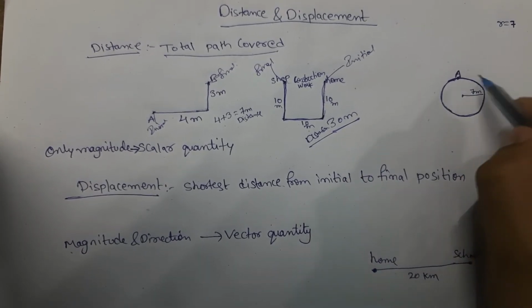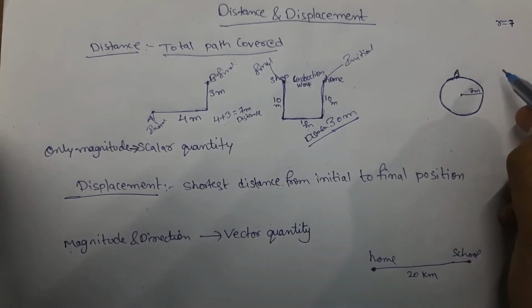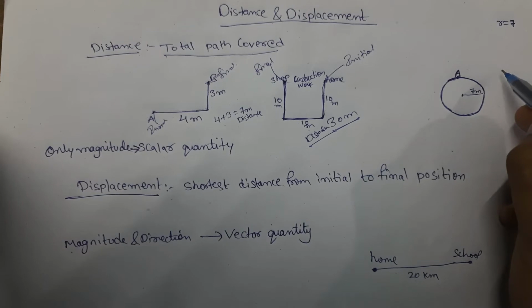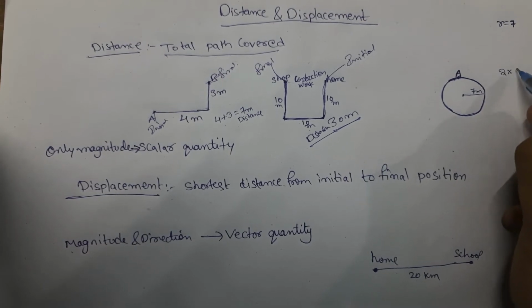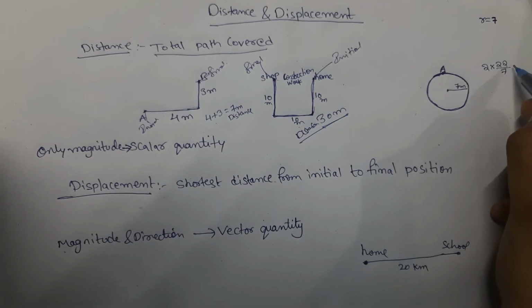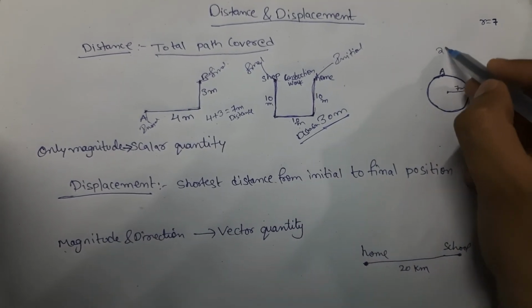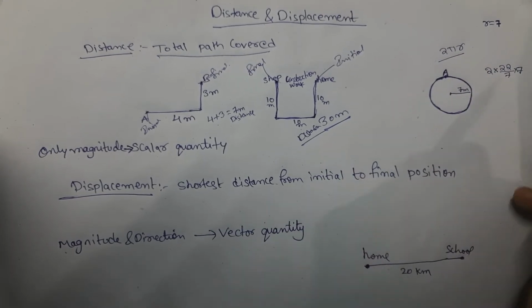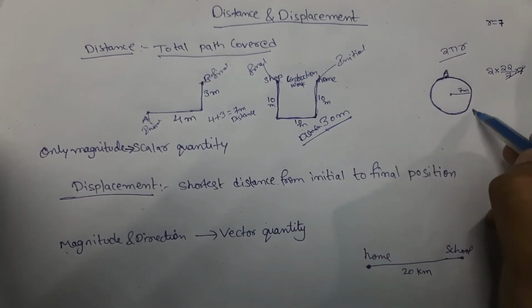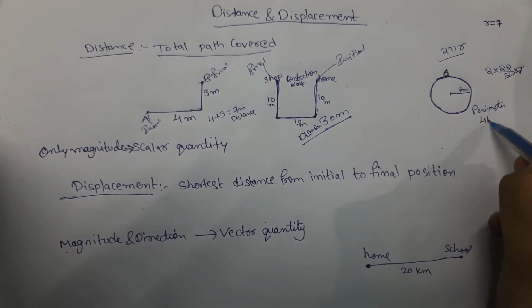The track field you are running, what is the formula for the perimeter of a circle? That is 2 pi r, that is 2 into 22 by 7 into the radius, that is 7. So if you cancel these two, the perimeter is 44 meters.